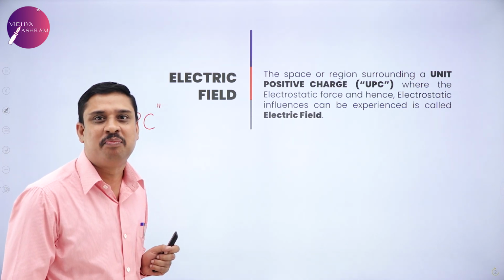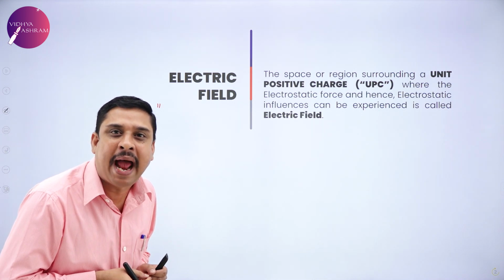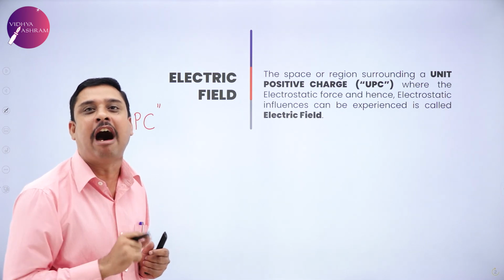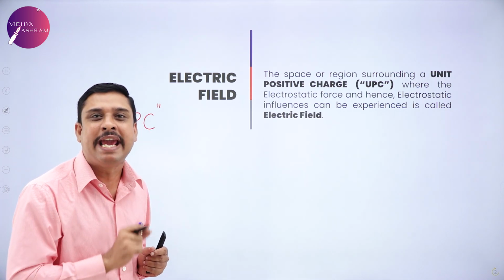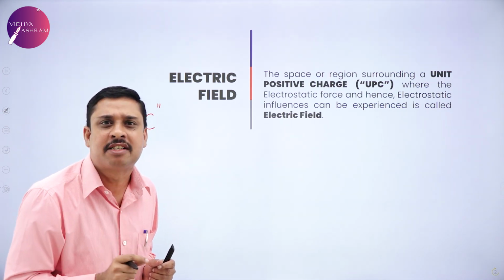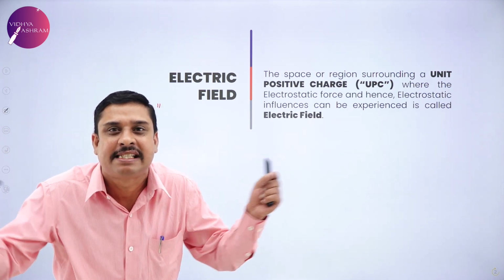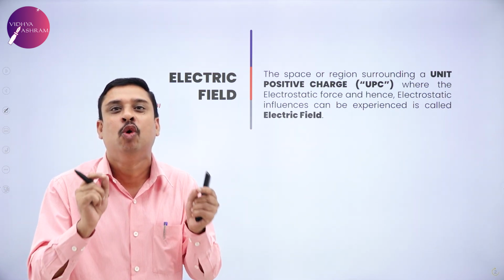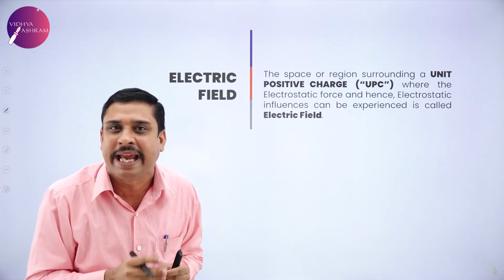This term UPC is expanded as unit positive charge. U for unit, P for positive, C for charge, a commonly used term in the entire study of physics. UPC, unit positive charge. What does this mean?